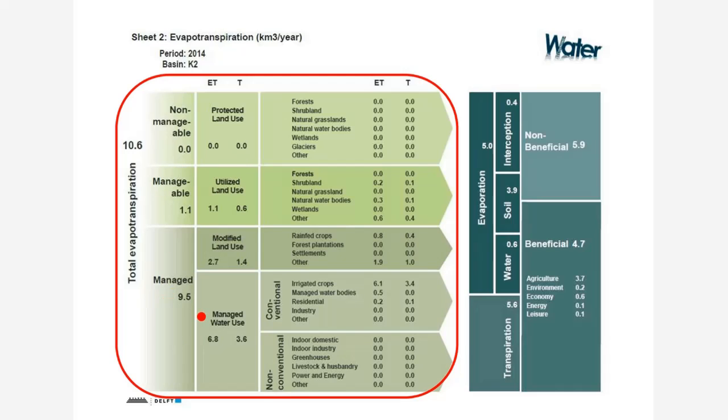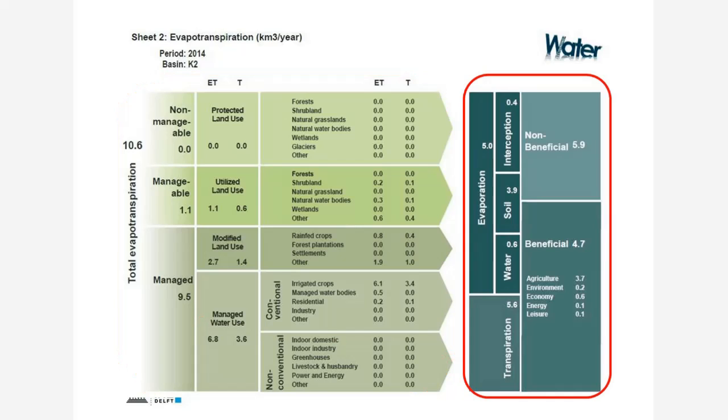And then on the right side, you have an overview for the entire basin. Here you don't differentiate anymore between land use types. So you have the total, for example, transpiration in the basin in that particular year, 2014, and also this beneficial and non-beneficial component.